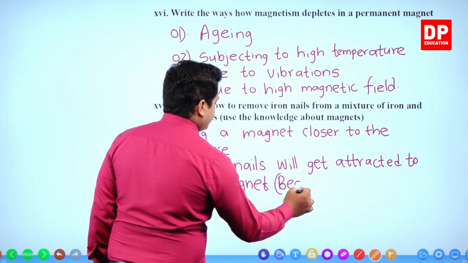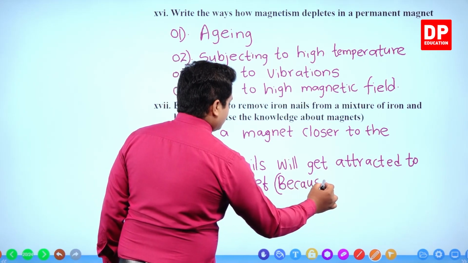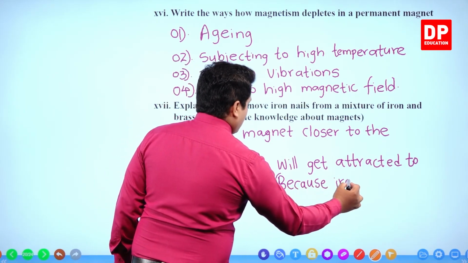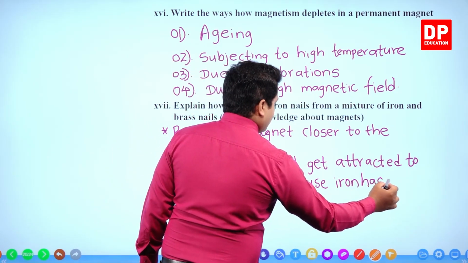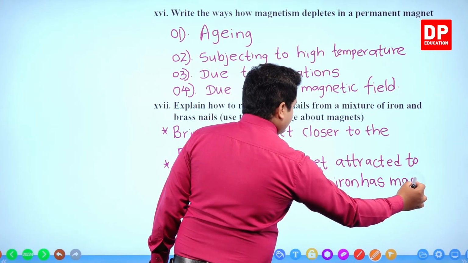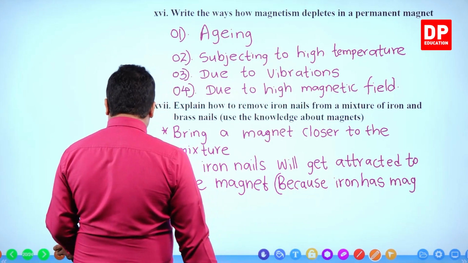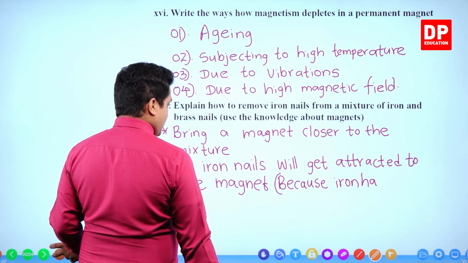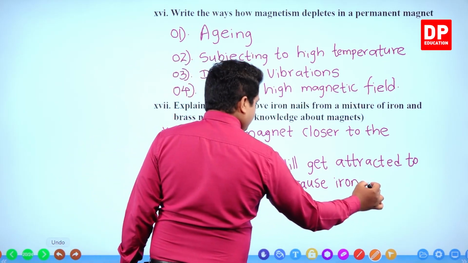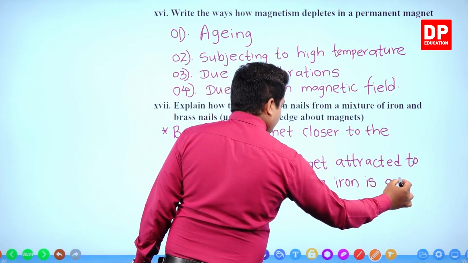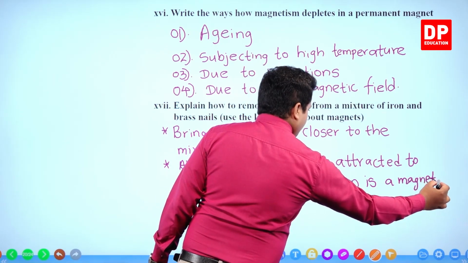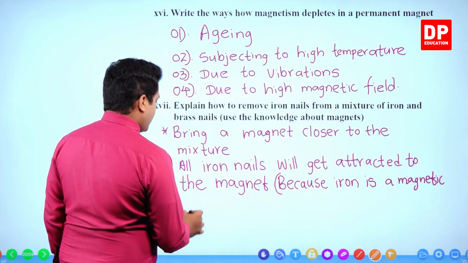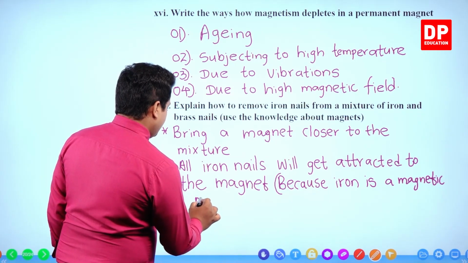Because iron has magnetic properties, or we can write, iron is a magnetic material.